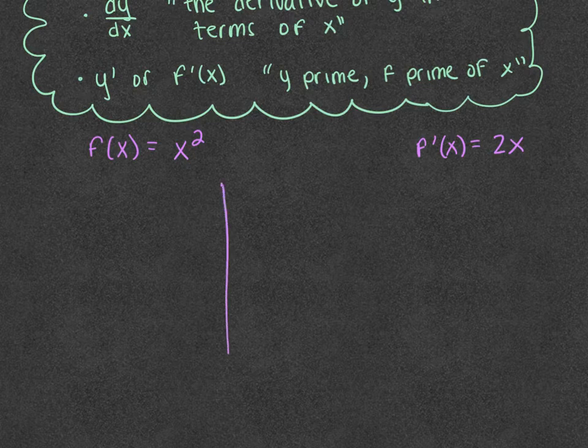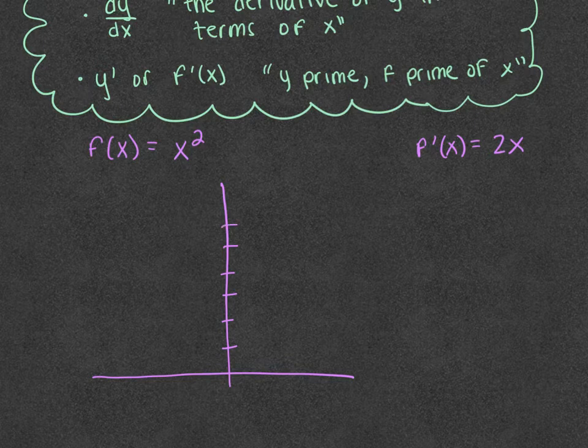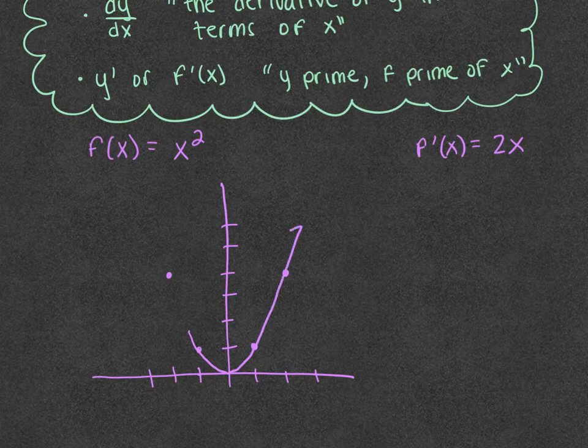But let's look at a graph of x squared. I'm just going to plot a couple of points. So here's just a basic parabola.